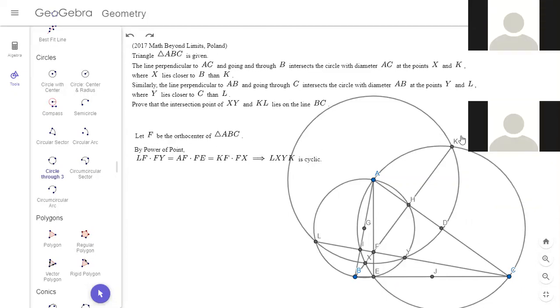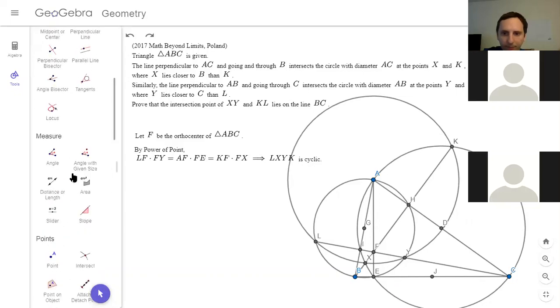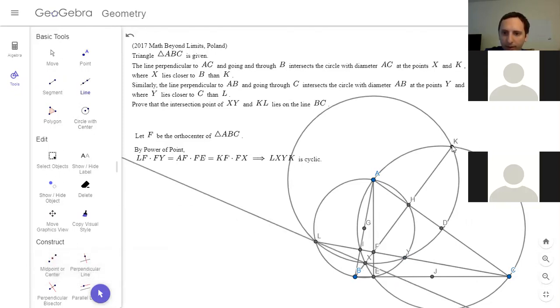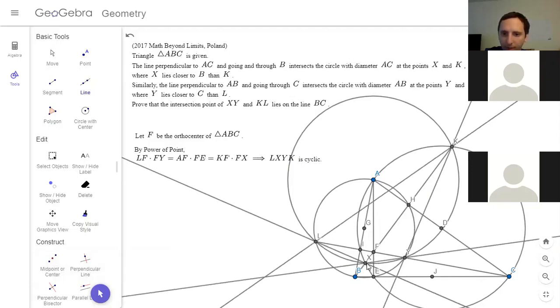But Serdar, I think you're saying, okay, so yeah, you basically used Ricard's on XYKL. So you're saying if LX and YK meet on BC, then KL and XY meet on BC, I think. And that's because we know BC is the polar of F with respect to that circle.